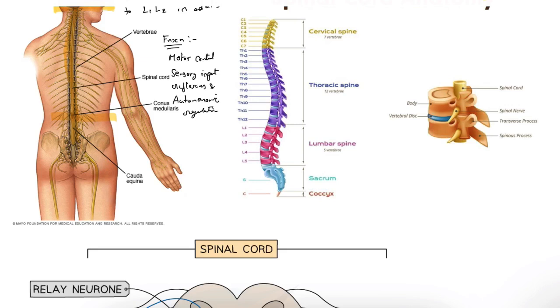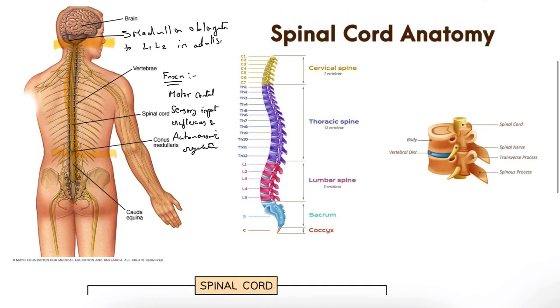So in anatomy, mostly we have to focus on the foramen magnum, from the medulla oblongata. From the foramen magnum, the spinal cord will pass and end at L1 to L2 in adults. Then what about children? L3 in children.